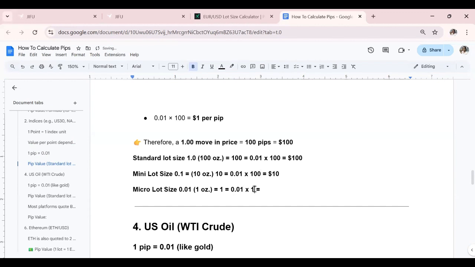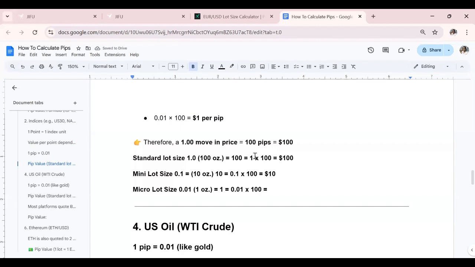So our calculation will be this. Okay, I see where the issue came in. We're using this instead of using 1 pip. So this moved by 1 pip.